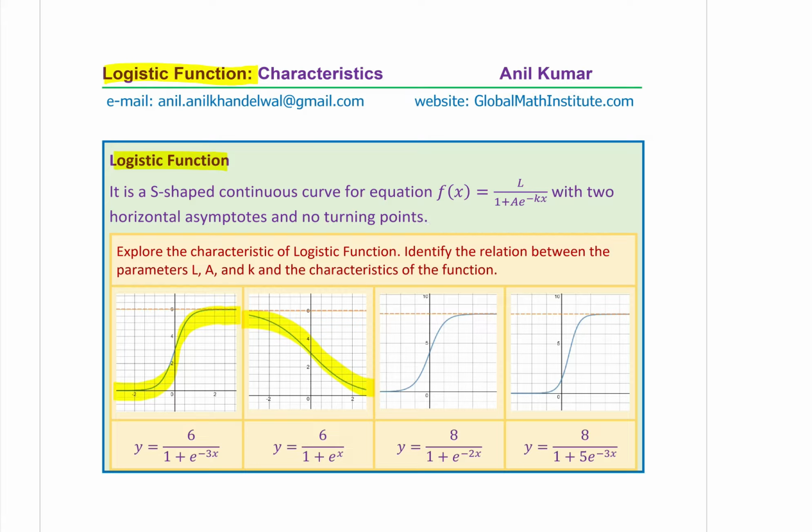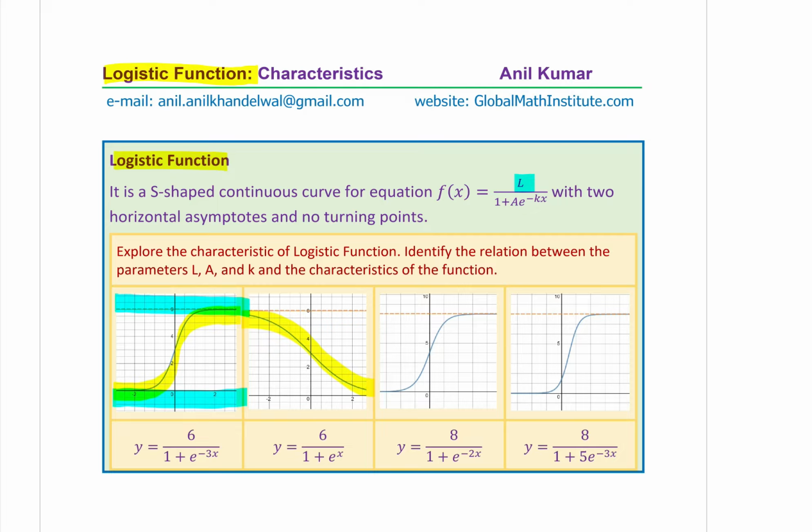In this particular case, as you can see, we have two horizontal asymptotes. One is the x-axis itself and the other is y equals the value of L, which is in the numerator of this function.